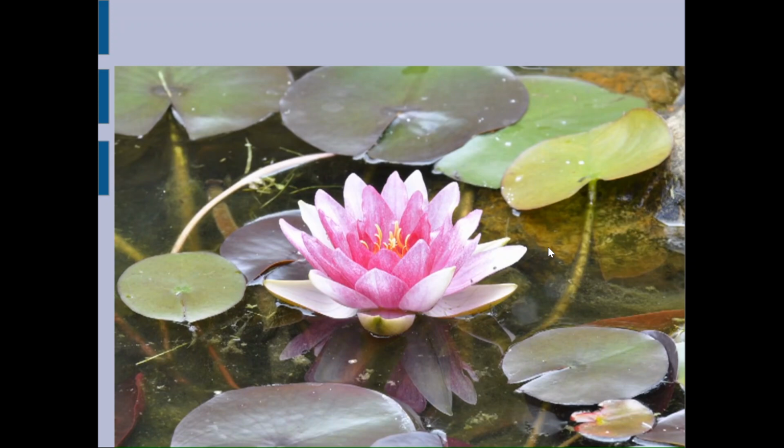And these tissues are arranged to optimize photosynthesis, because the leaf has a large surface area that is exposed to the sun.